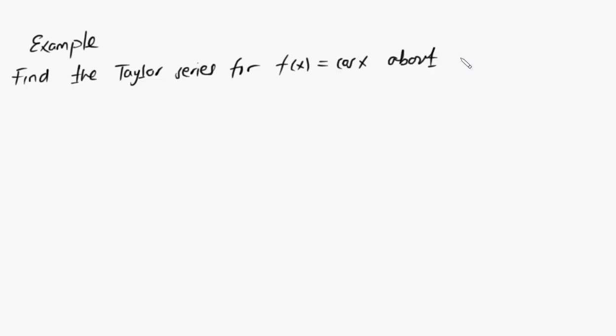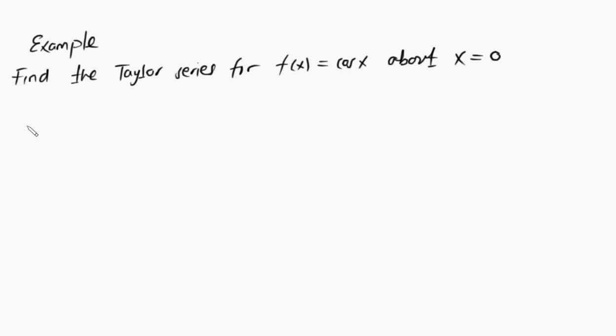It says find the Taylor series for fx is equal to cos x about x equals to 0, okay? So a ni 0 sasa, kwa sababu about x equals to a ndo ile pale niliokuwa naiandika. So it means our a now is 0 and this is our cos x, okay?